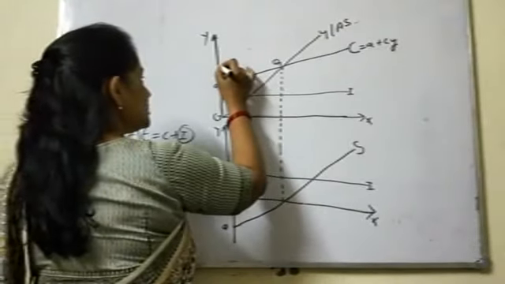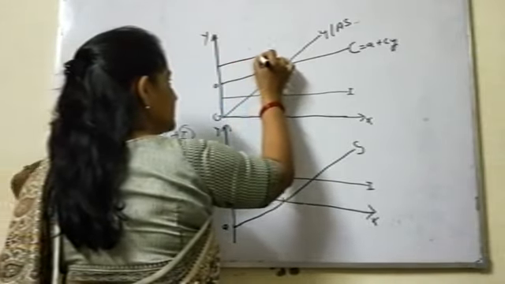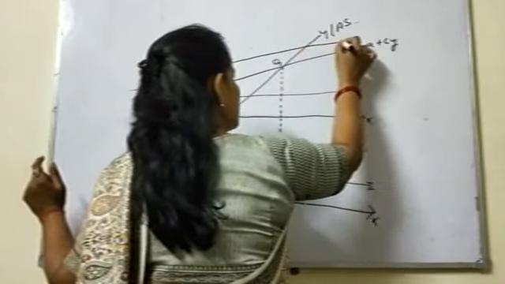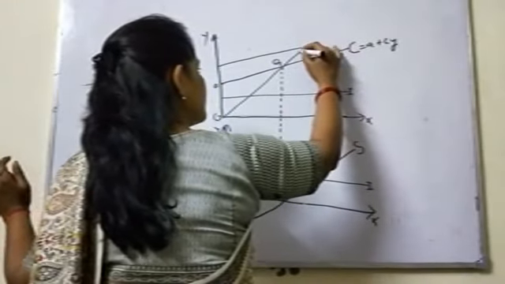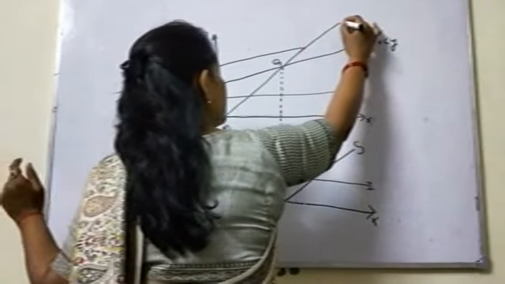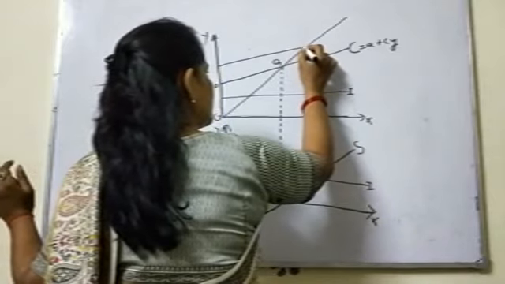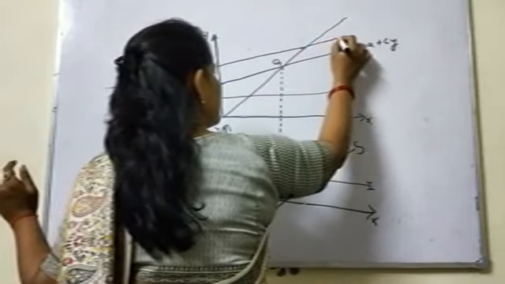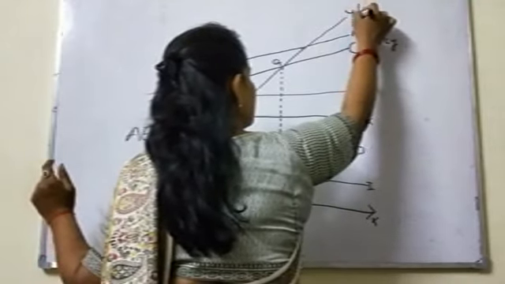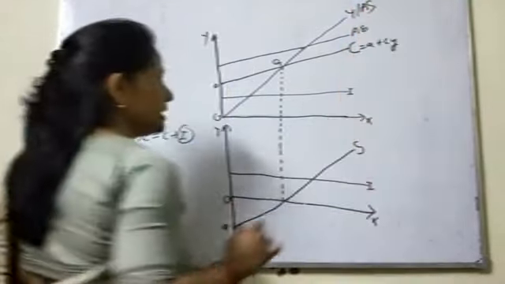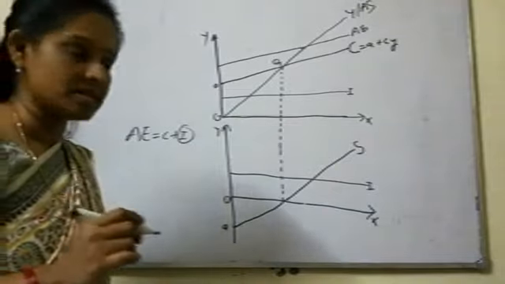So we'll draw the aggregate demand curve here. This is your AE curve, that means the aggregate demand curve.